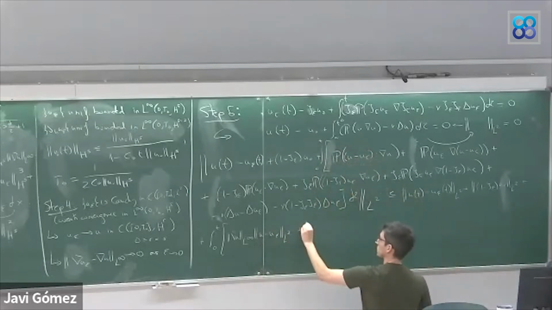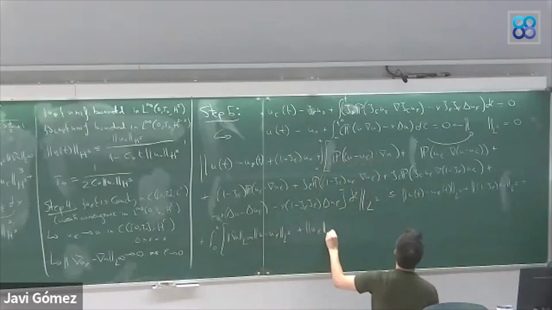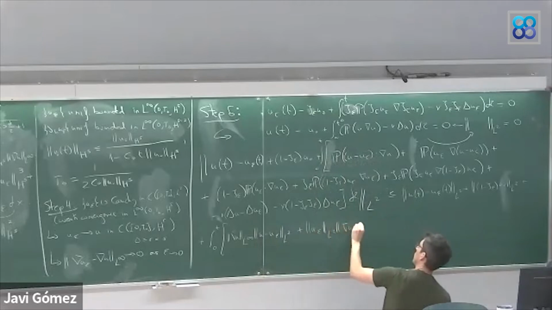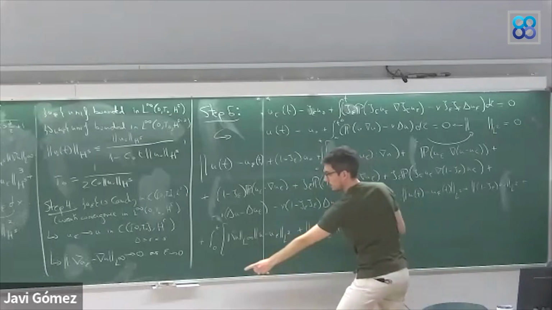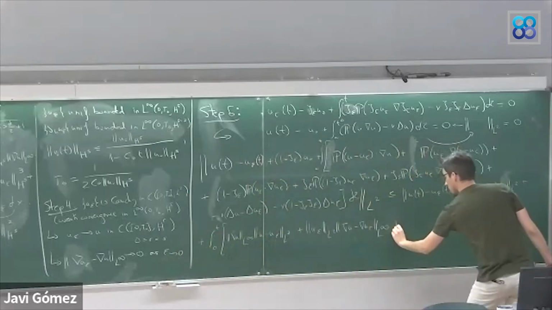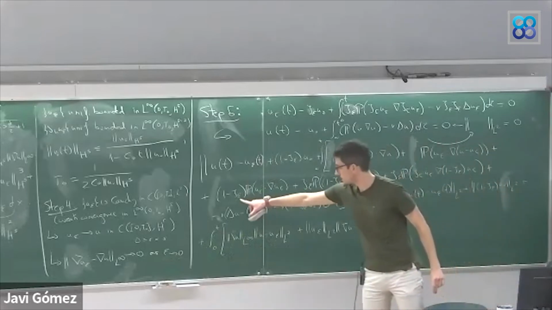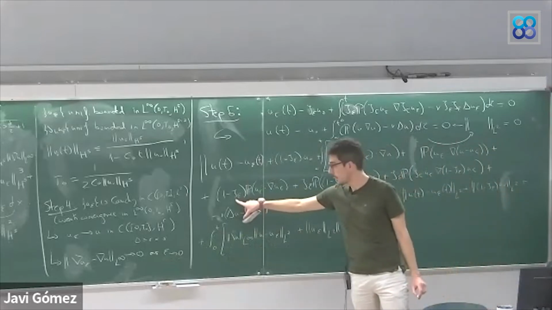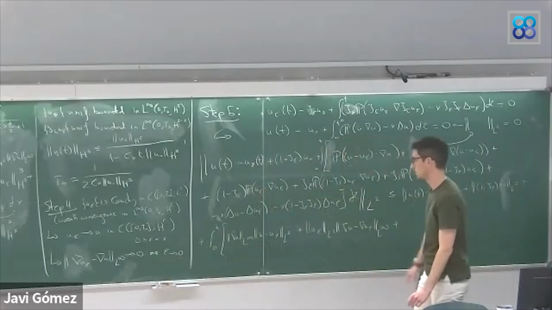For the second, we can do the same. Here, for example, appears this condition here. And now for each one of these, as I said, we put a factor of epsilon and one more derivative in this term.